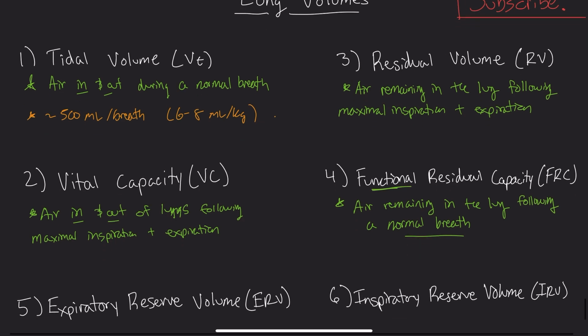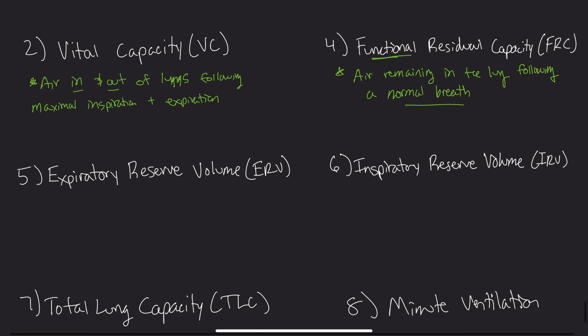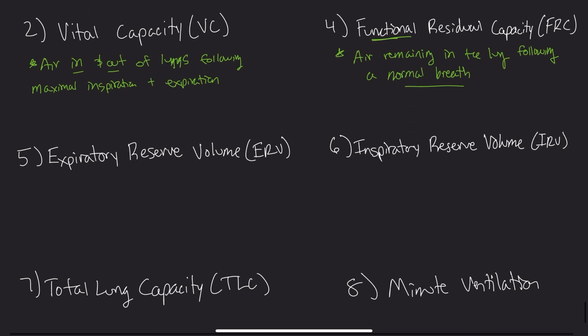Okay, moving on here to number 5, your expiratory reserve volume. This is the additional amount of air that you can forcefully exhale after a normal exhalation. So normal breath, breathe in, you exhale, and then if you were to forcefully exhale whatever you can get out after the normal breath, that's going to be your expiratory reserve volume.